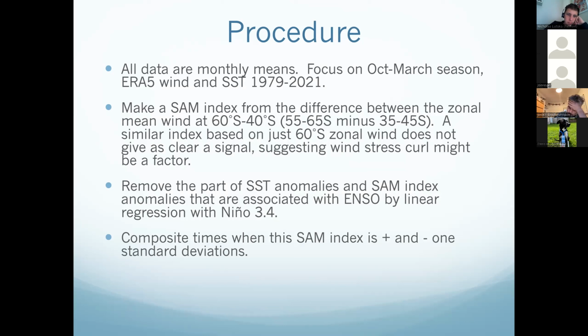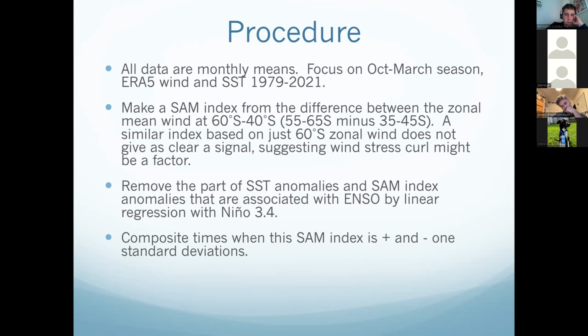So to make a reasonable job of this, we have to remove the very strong direct connection between ENSO and the Southern Ocean. So what we do is to remove by linear regression the Nino part of both the global sea surface temperature and our SAM index by regressing them against Nino 3.4 and removing that.